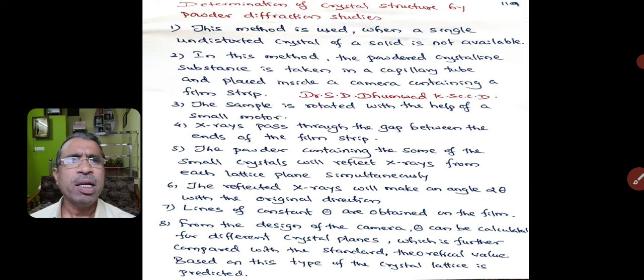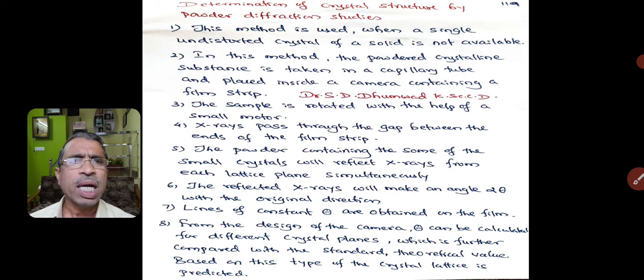In this method, the powdered crystalline substance is taken in a capillary tube and placed inside a camera containing a film strip. The sample is rotated with the help of a small motor. X-rays pass through the gap between the ends of the film strip.